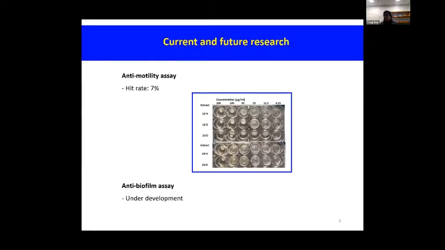If you notice the figure, it shows the anti-motility of these extracts at different concentrations. Another assay we are developing now is anti-biofilm, also targeting Gram-negative bacteria. Hopefully in the next few weeks, we will start screening on the anti-biofilm assays.